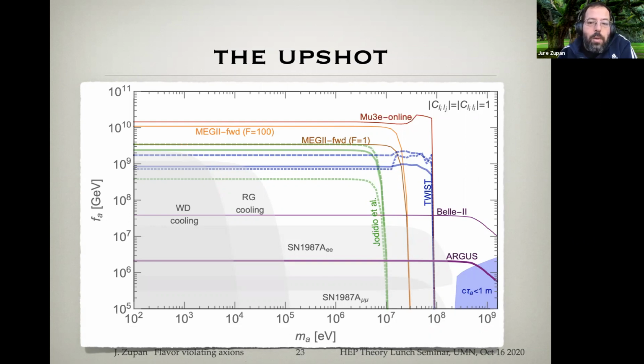You can compare with what you have, for instance, at present. This is this UDDO bound. I will go over different shadings, but you want to compare the solid lines with the projected new bounds that you can get at MEG II forward and MEG-III online. All right, well, let me explain this figure.